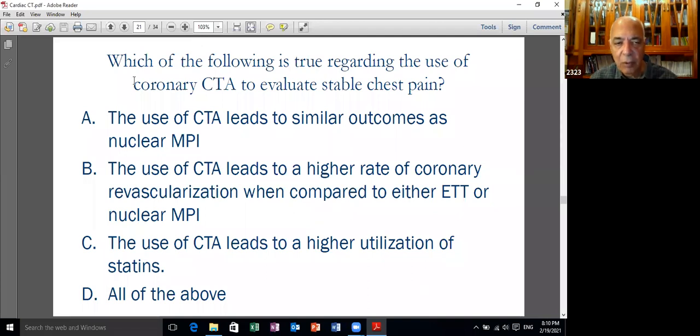The use of CTA leads to a higher rate of coronary revascularization, as I just alluded to, at least a 2% increase in the performance of coronary revascularization and invasive coronary arteriography. And of course, it leads to a higher utilization of statin. So all of the above is the correct answer.